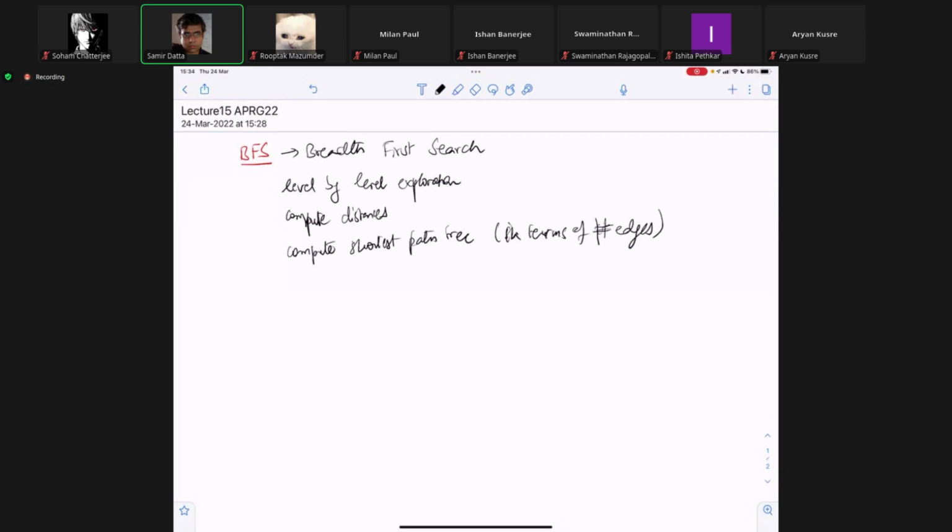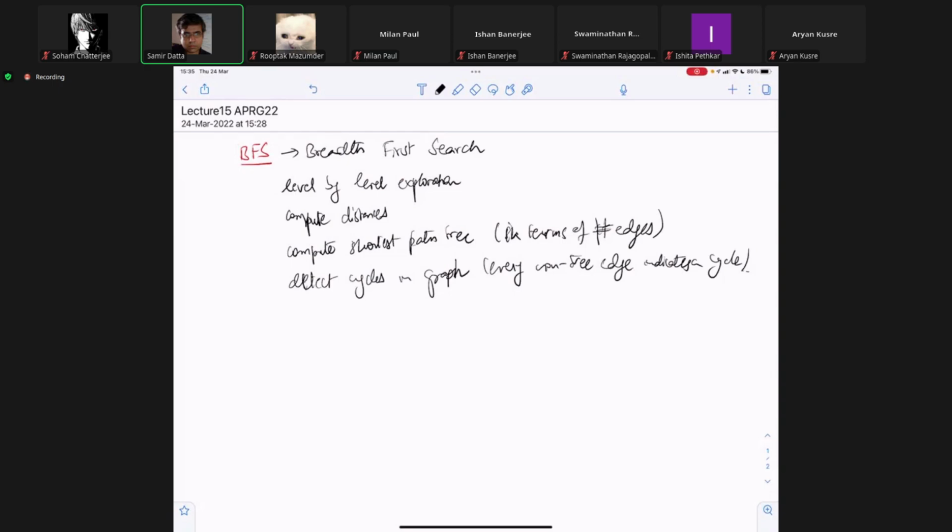That you will see in the algorithms course, something called Dijkstra, but right now we are not going to talk about that. Then you can also use it to detect cycles. Every non-tree edge indicates a cycle. Correct? So this is what we saw about BFS.